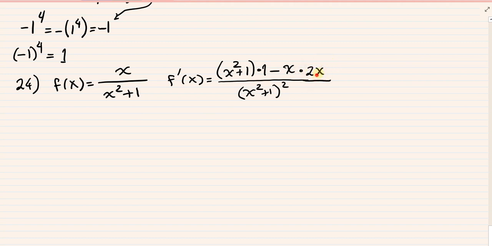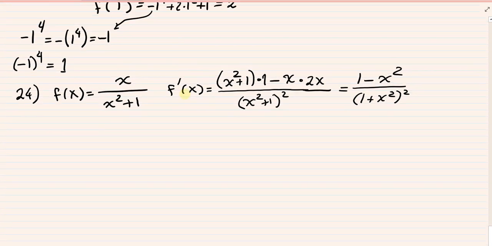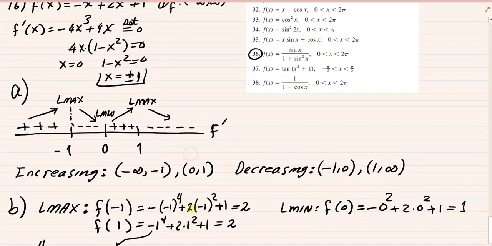Okay, and this is going to be x squared and negative 2x squared. That's negative x squared, and 1 distributes, so I have 1 minus x squared divided by 1 plus x squared squared.